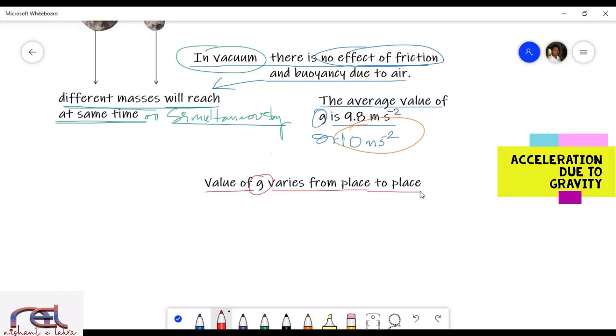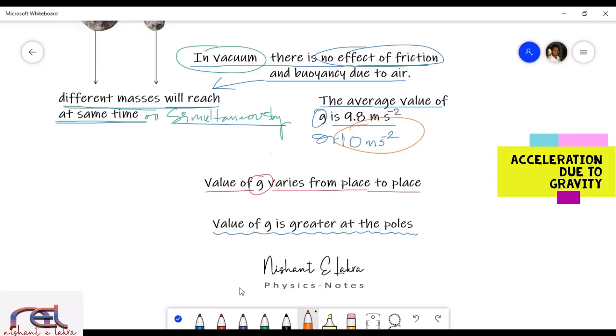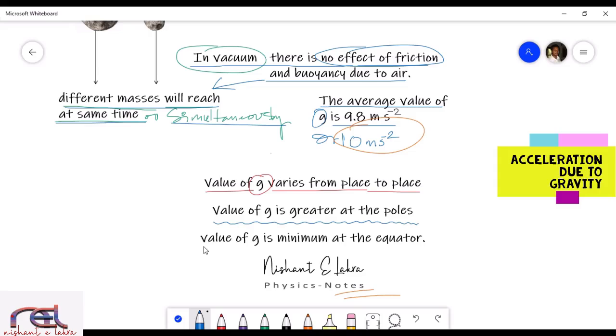Value of g varies from place to place. And value of g is maximum or greater at the poles, the North Pole and South Pole. Now there's one more thing I want to tell you, that the value of g is minimum at the equator.